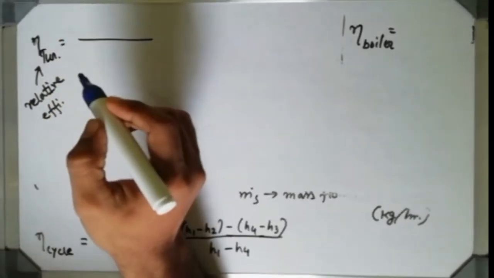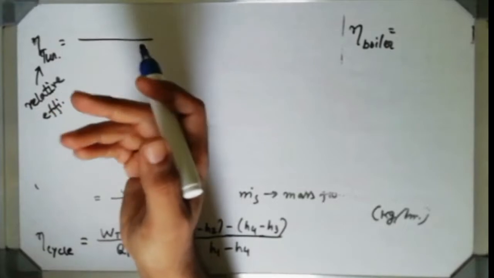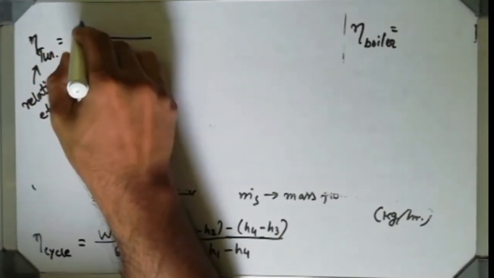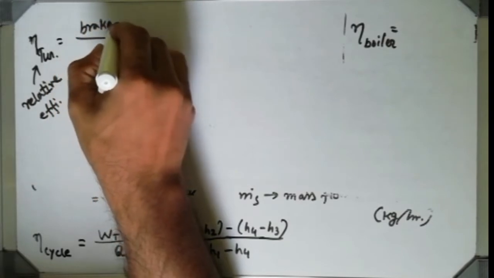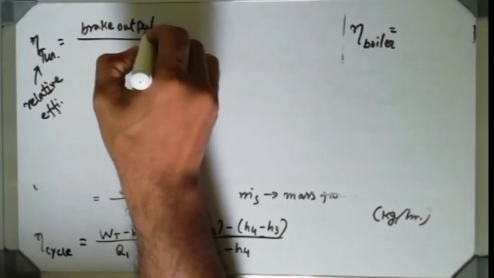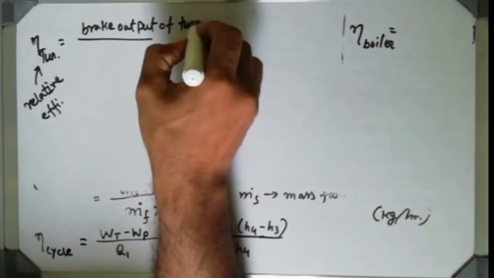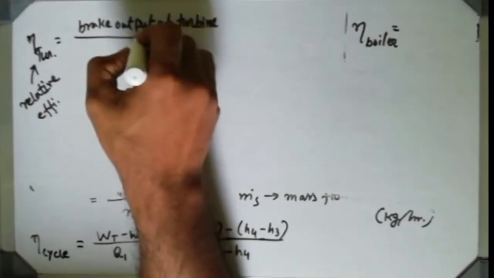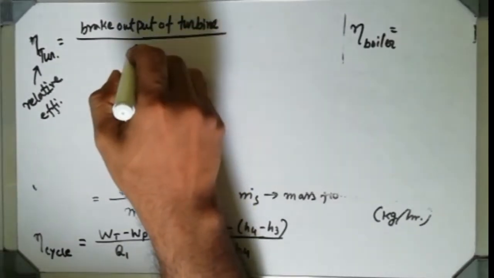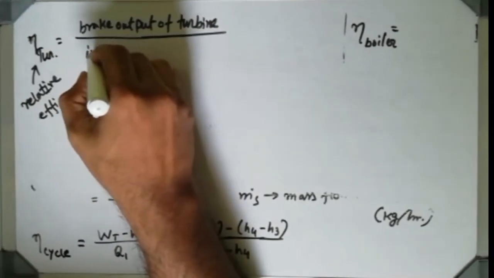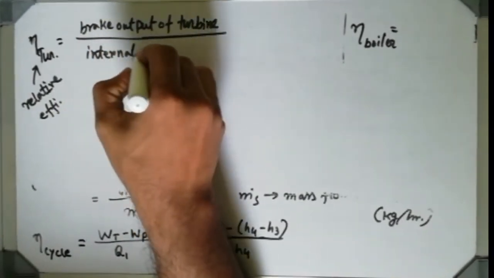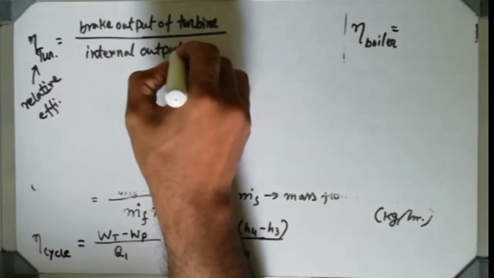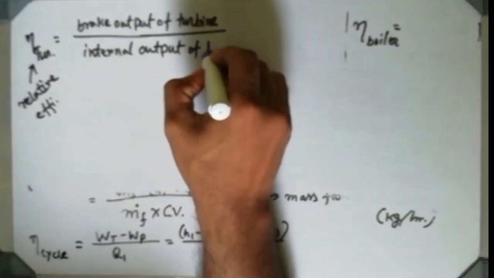Okay, relative efficiency means obviously we have to compare. So what is the comparison actually we are doing? We are comparing brake output of turbine. Brake output means actual output, what we are getting out of the turbine, and internal output of turbine. What does this mean?